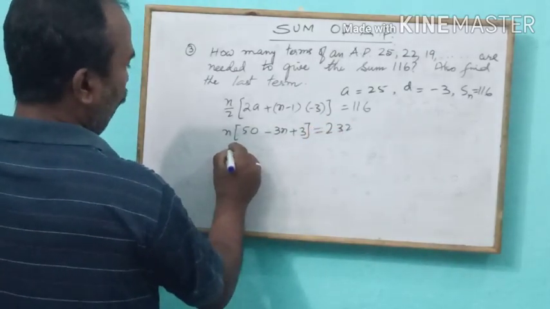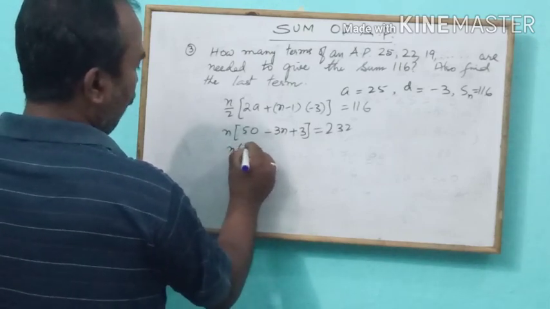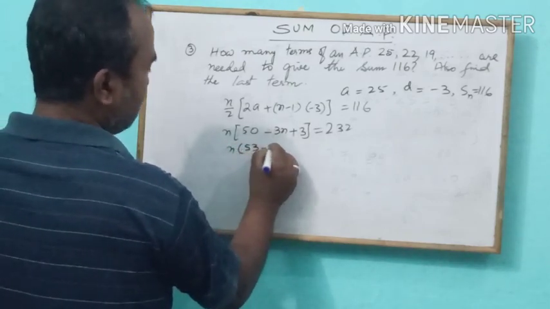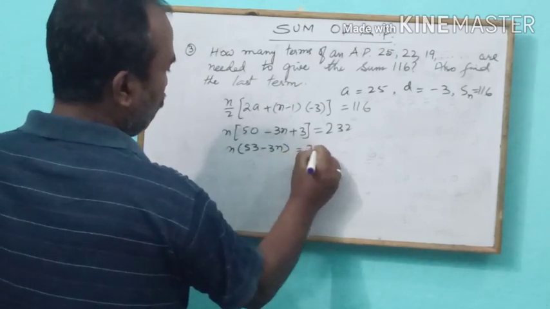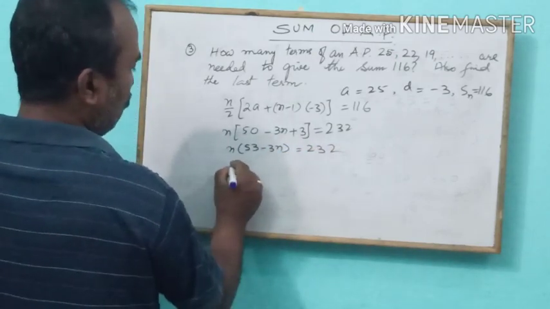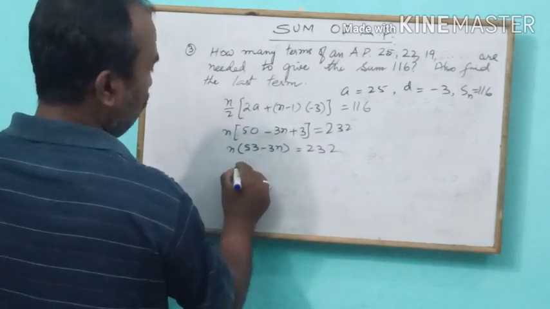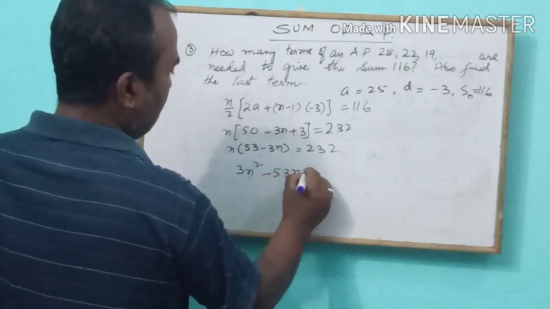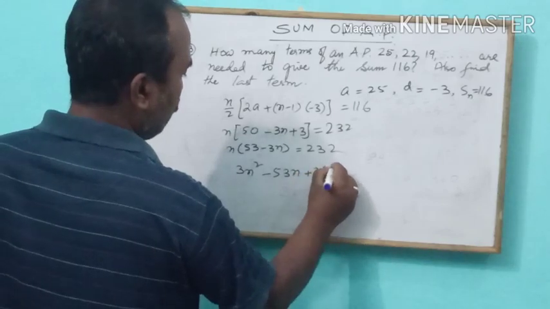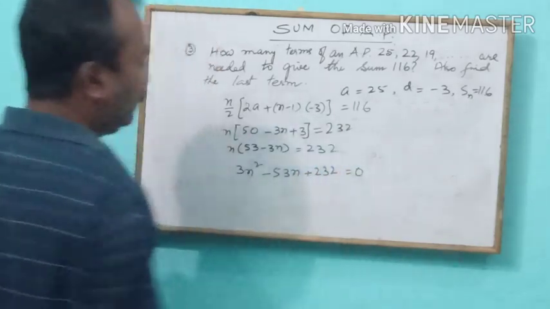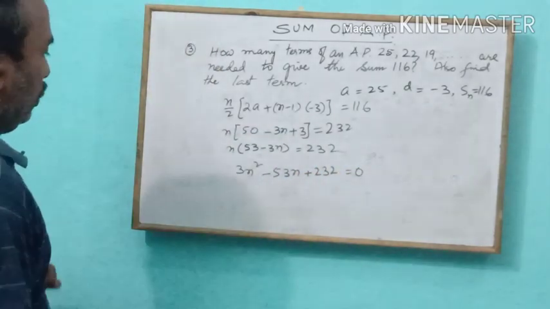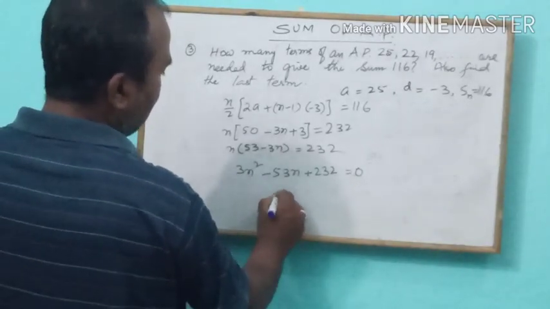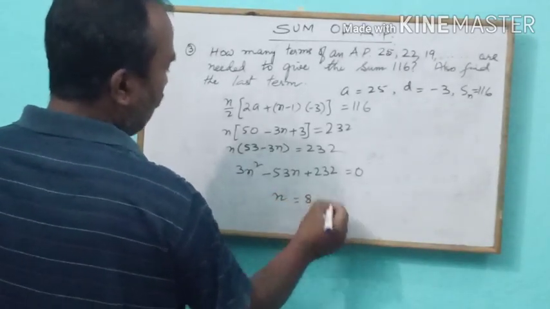So n into (53 minus 3n) equals 232, or 3n square minus 53n plus 232 equals 0. On simplifying, we shall get n equal to 8.